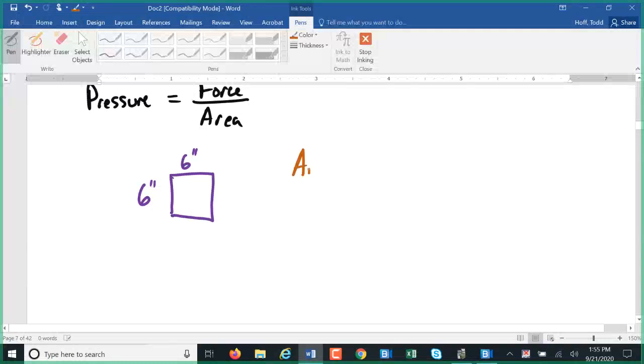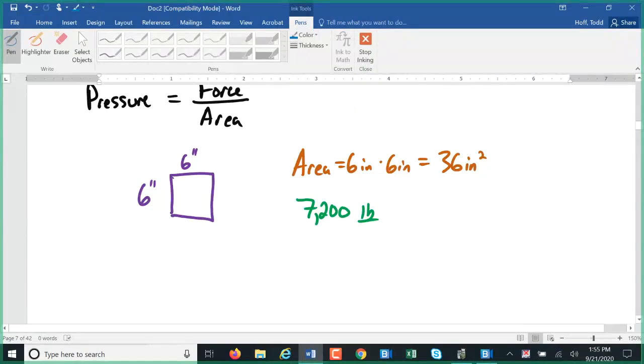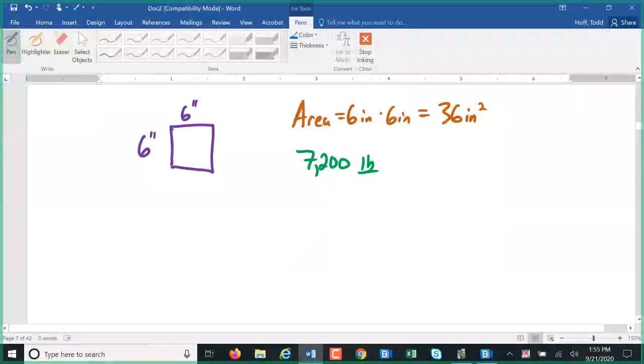That has an area of 6 inches times 6 inches, or 36 square inches. And let's say it is supporting a weight of 7,200 pounds. That gives us a pressure. 7,200 pounds is our force, divided by 36 square inches.